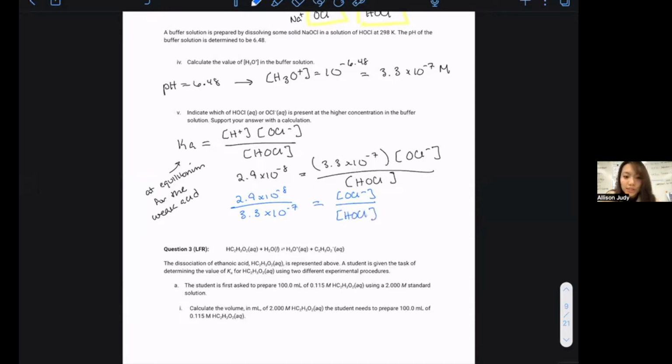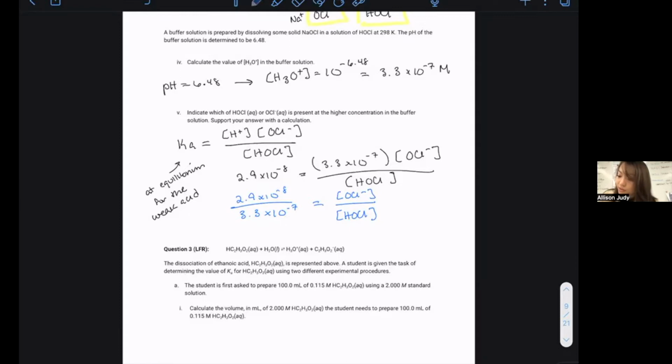And what you see is that the value equivalent to HOCl in the fraction is a higher value. It's only times 10 to the negative 7 power, whereas the OCl minus value that's equivalent to it as the numerator is to the power of 10 to the negative 8th.